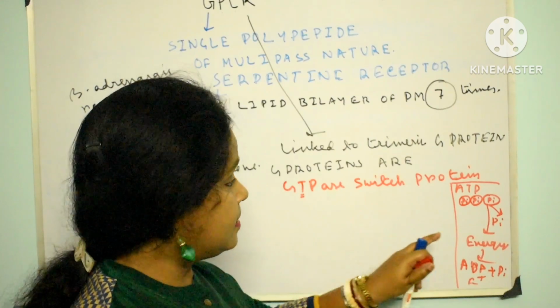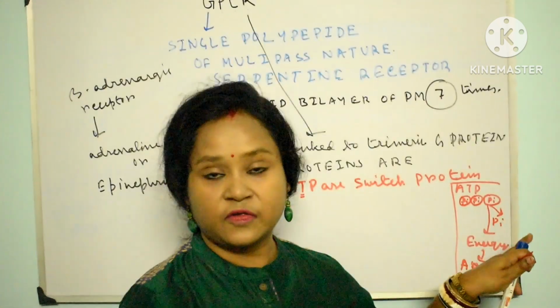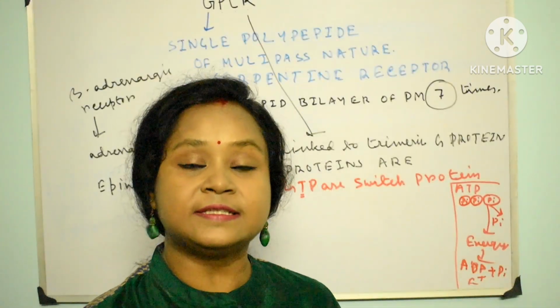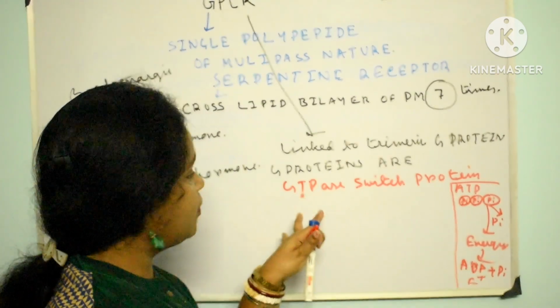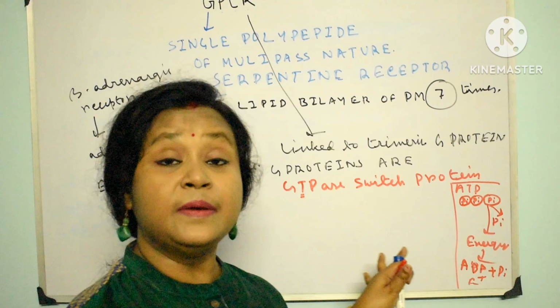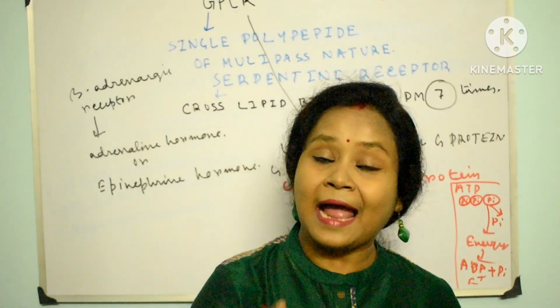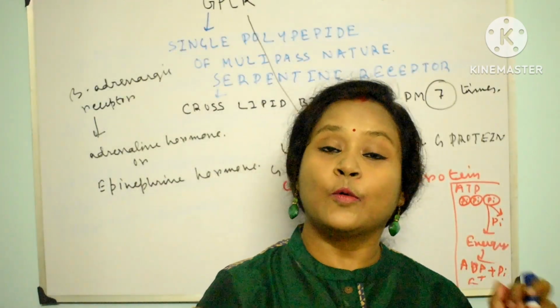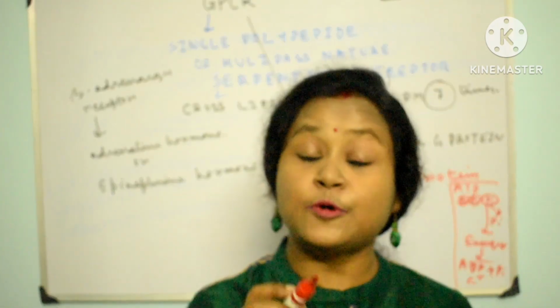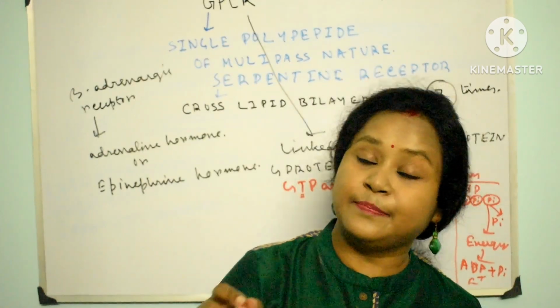When needed, the terminal phosphate is released, energy is also released, and GTP becomes GDP. In the case of G protein, when it's bound to GTP, it is active, and when it's bound to GDP, normally it remains bound with GDP.